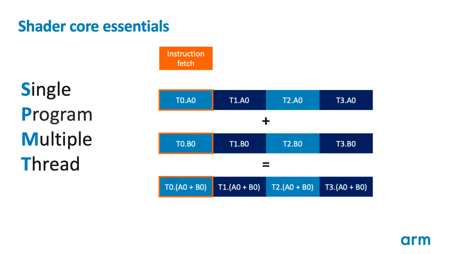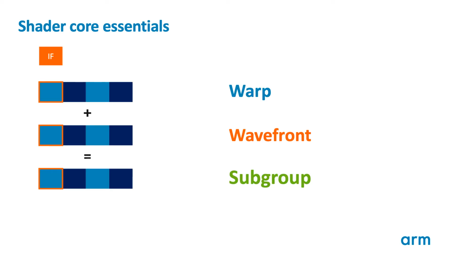One further change is therefore to keep the vector hardware, but switch to an SPMT, single program multi-thread programming model. In this design, we run multiple threads in lockstep, each thread running the same instruction and seeing one lane of the vector hardware. The thread groups running in lockstep in this concept have multiple names. Warps, wavefronts, Vulkan subgroups, they all mean the same thing.